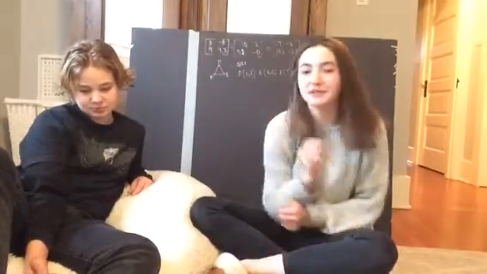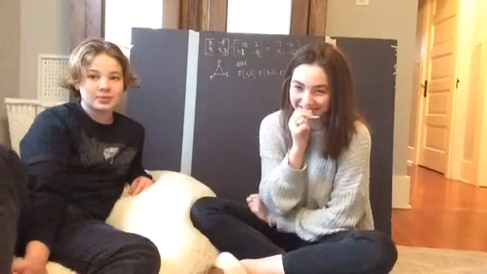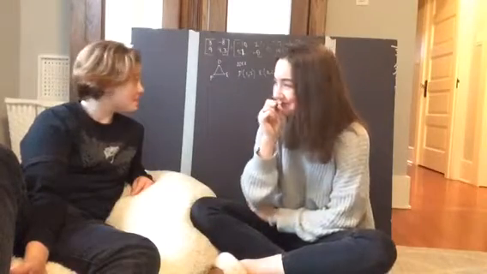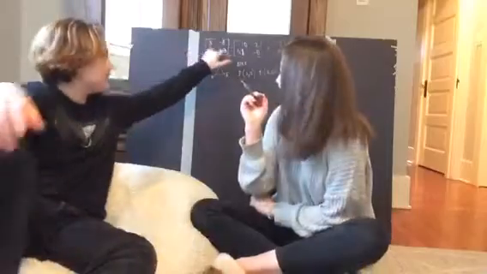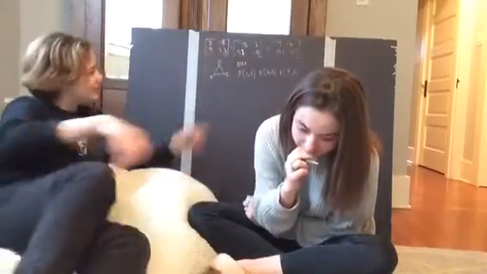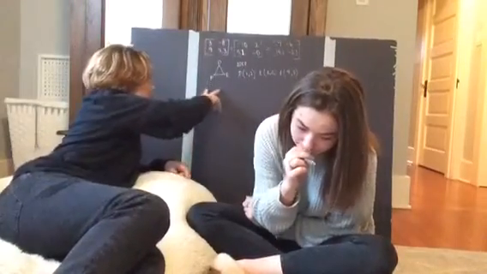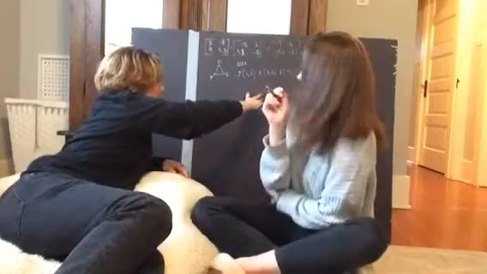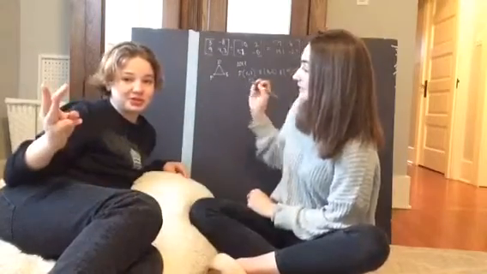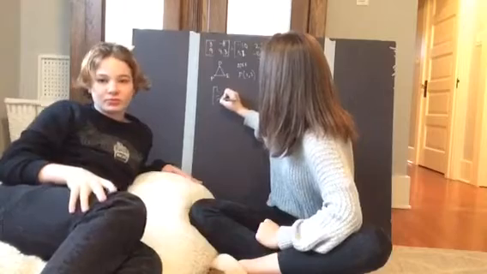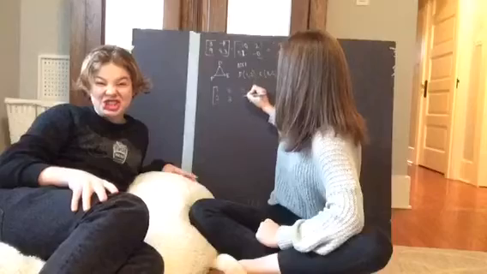Cade, how would we put these into a matrix? You take them like this. 1 and 2. Put them right there. 2 and 3. Put them right there. This would be a 3x2 matrix. 3 and 3, 4 and 0.